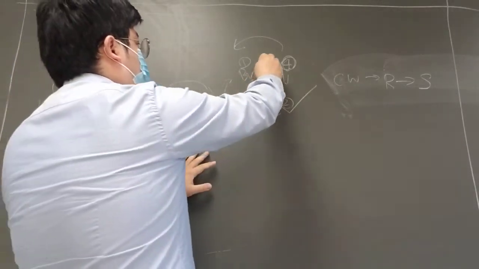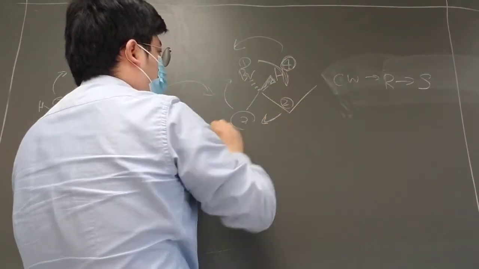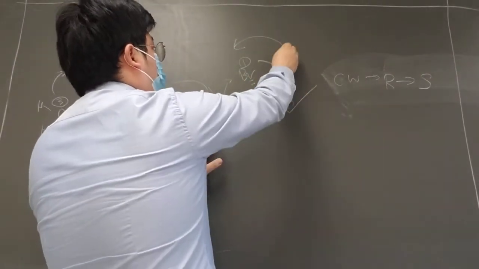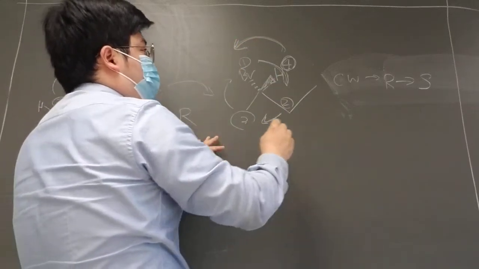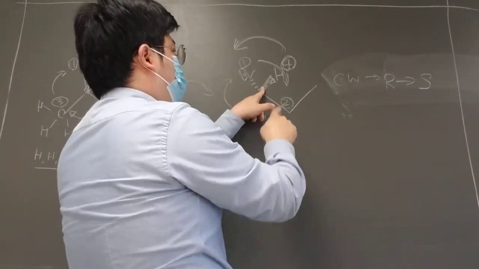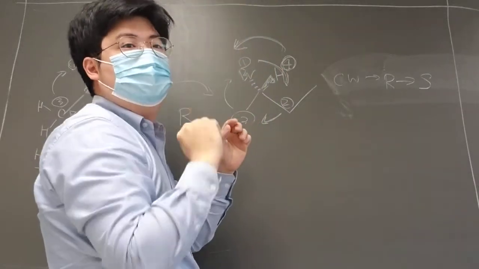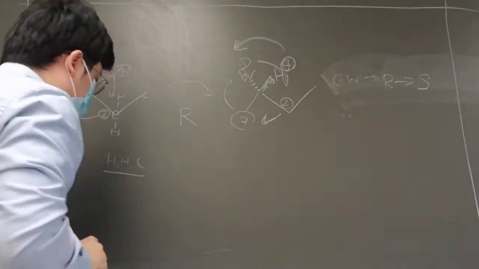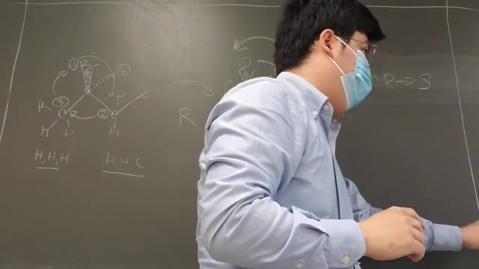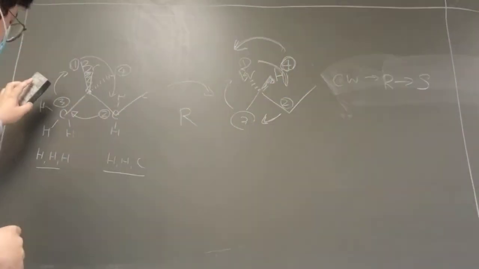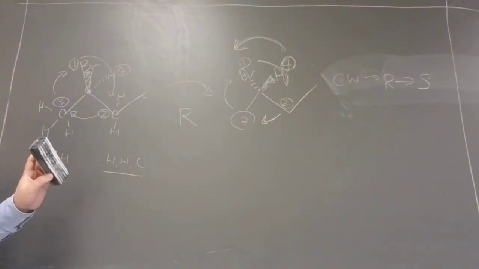So even though you see this rotating clockwise, it is actually counterclockwise because you have to look from the other side when your number 4 group is going forward. Okay, this is one trick. So this is where we left off last time. Does it make sense? Okay.